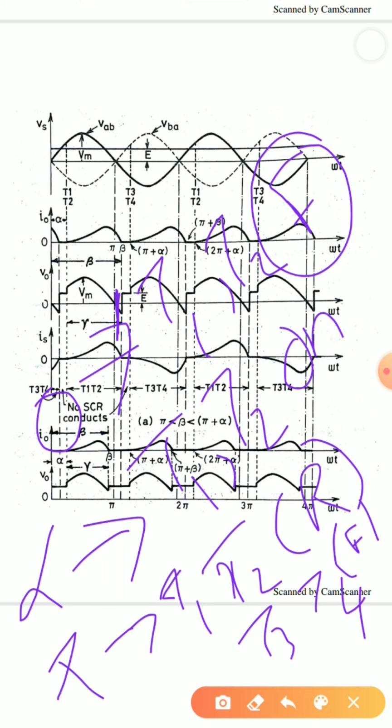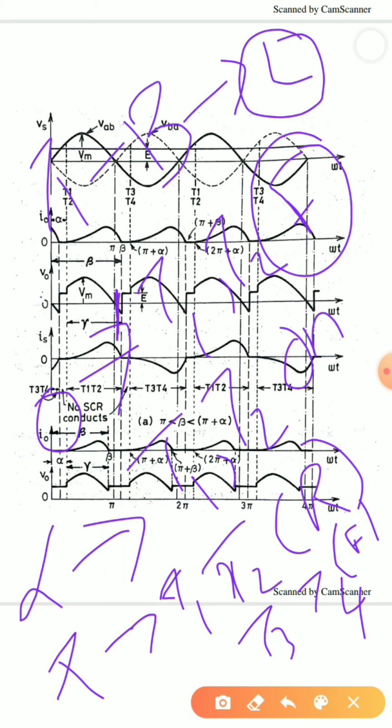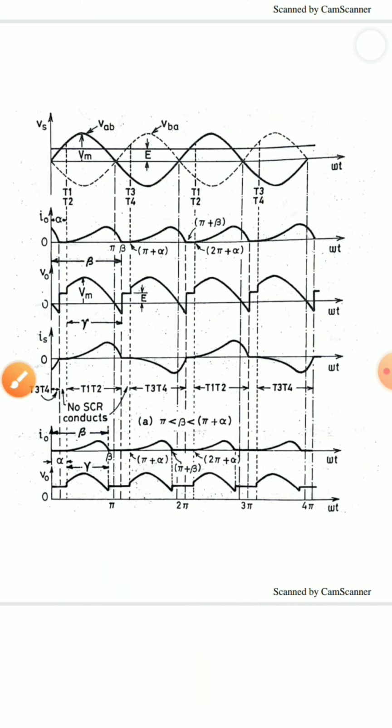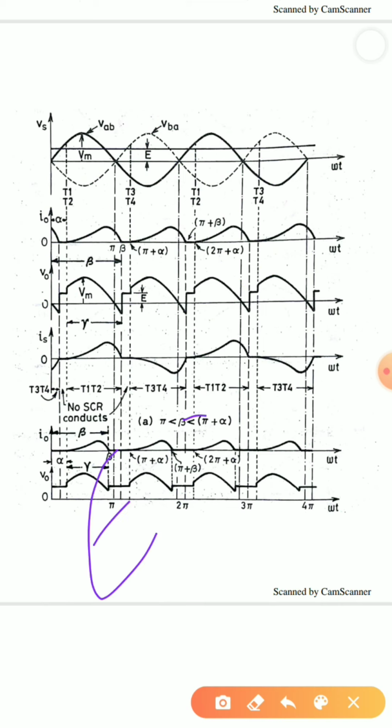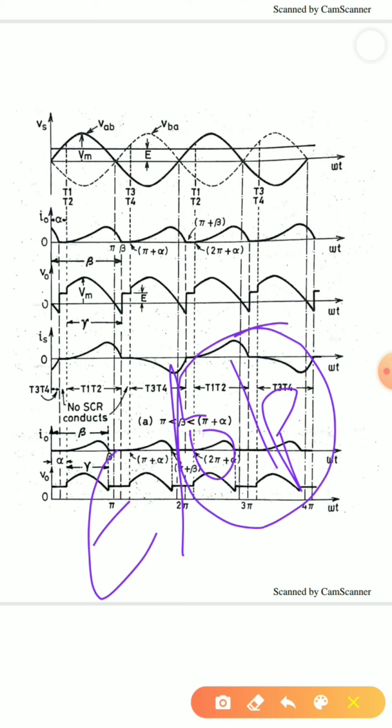Then from pi to beta, inductor L will discharge, and from beta to pi plus alpha there is a small duration. In this duration, the battery that is connected will supply the output. No other devices will function.